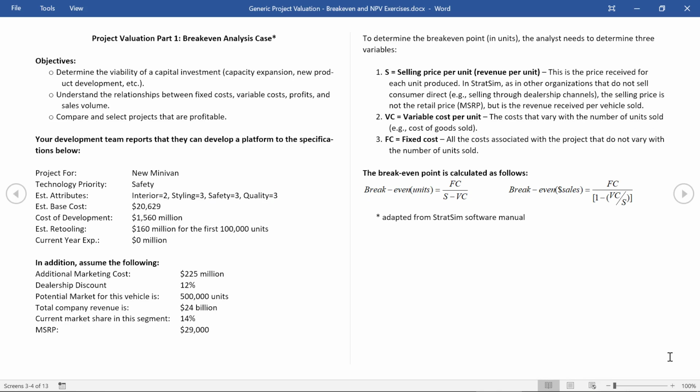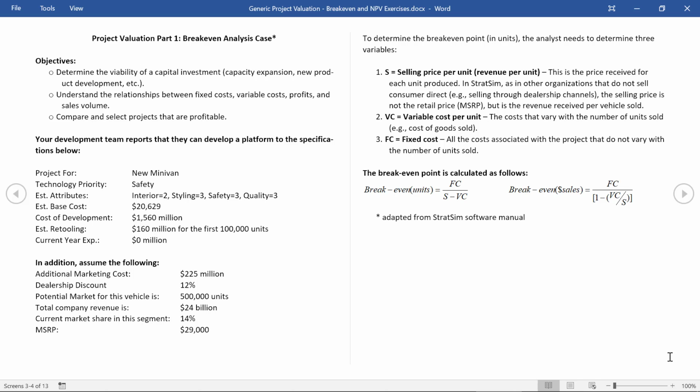Here's the business scenario for you to calculate the break-even point. This is from the PDF. And you can read through the details as you look at that PDF, but a high-level overview is that you're considering developing and launching a new minivan. And your development team and your marketing team have both given you some very relevant data on what it will cost to develop and then sell this new minivan.